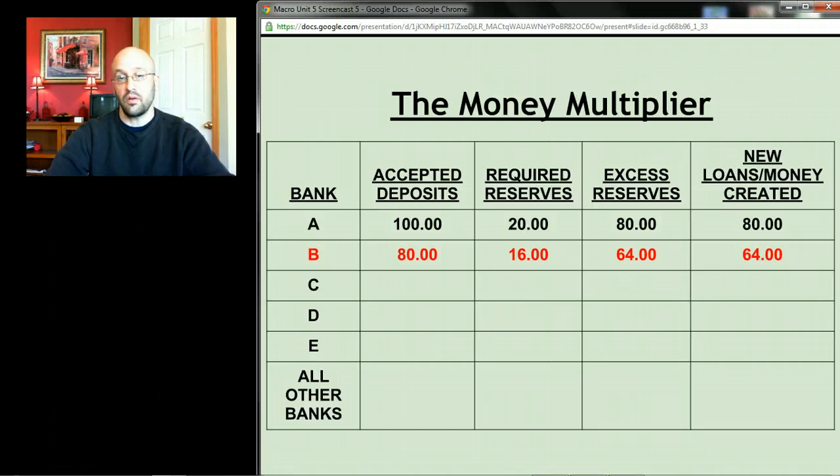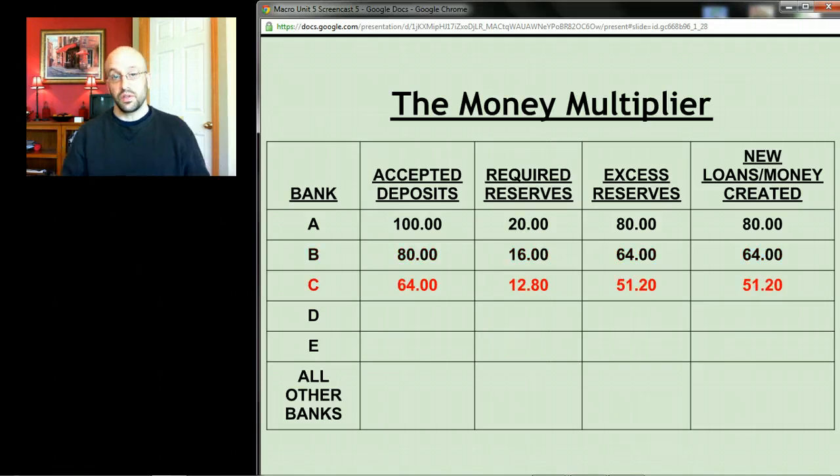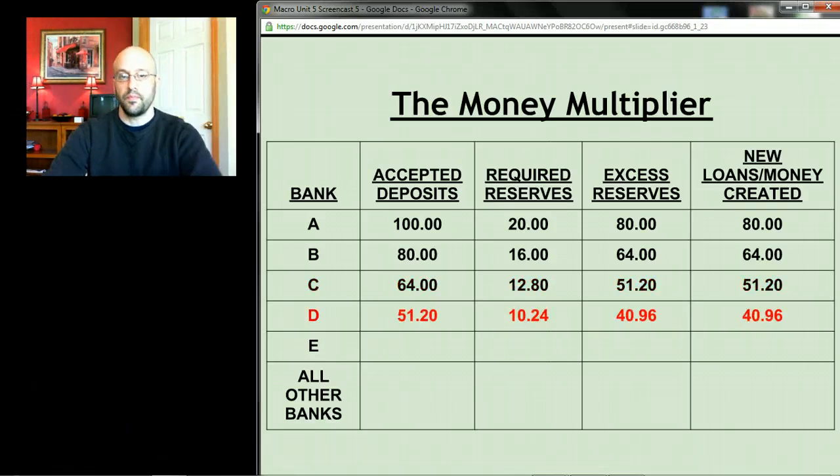It gets spent somewhere and then theoretically redeposited in the next bank, Bank C. Bank C would take the $64, take 20% of it, throw it in the vault as required reserves, take the excess, which would be $51.20, and then lend that money out. That money would then get redeposited, and so on. We'd go through a series of banks and a series of lending out, redepositing, lending out, etc. And eventually, in the end, that money is turning into a lot more new money.